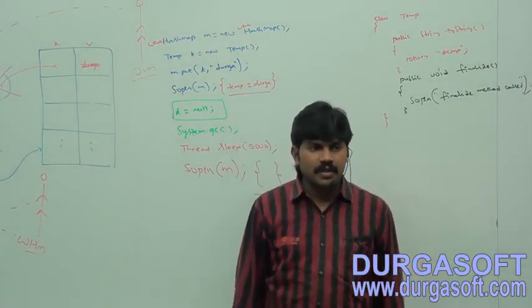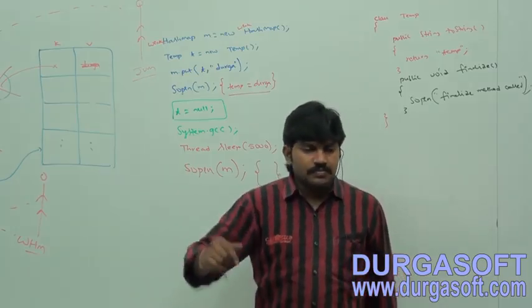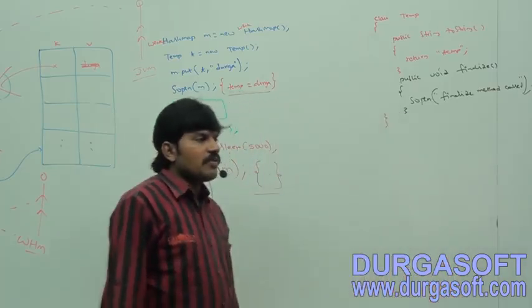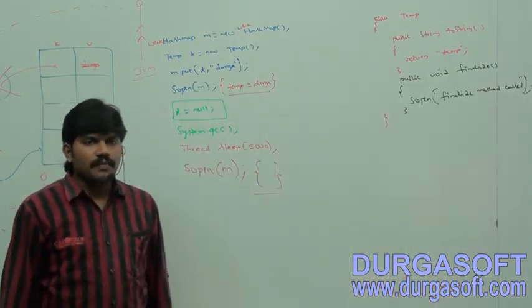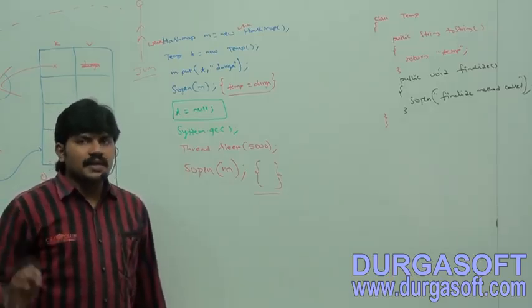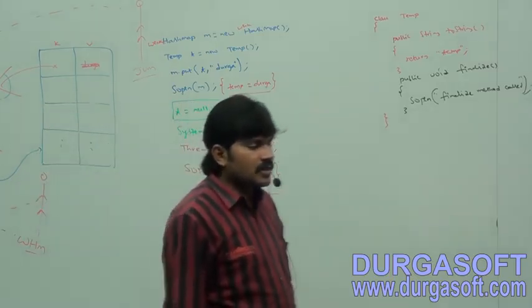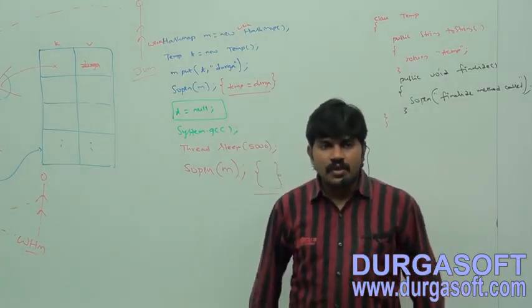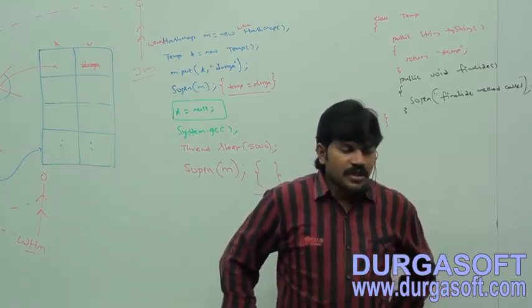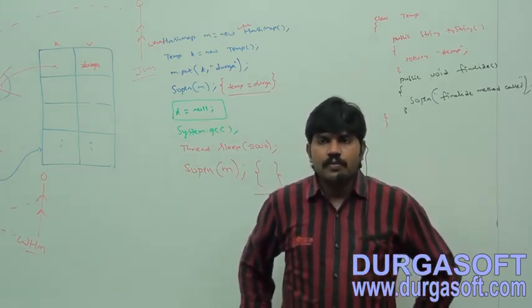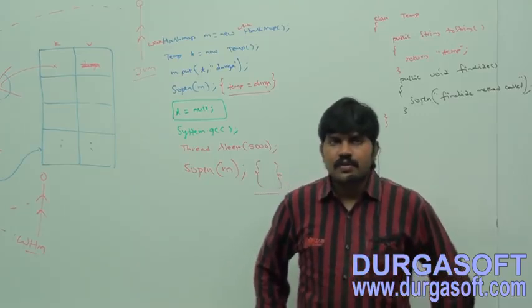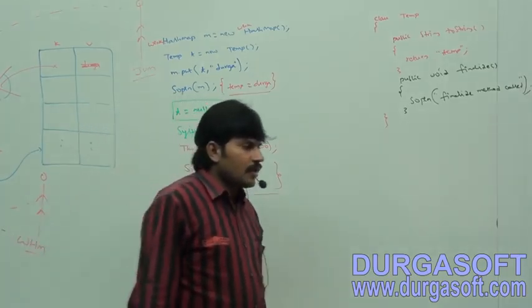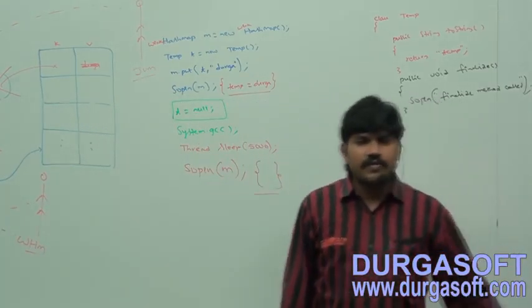But in the case of WeakHashMap, if an object doesn't contain any references, it is eligible for GC.